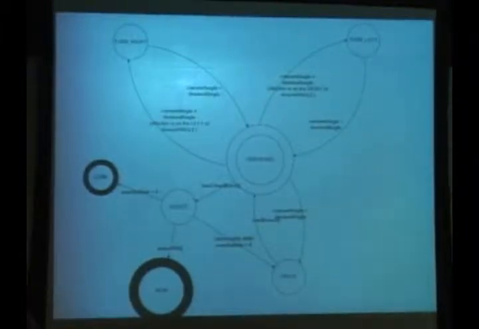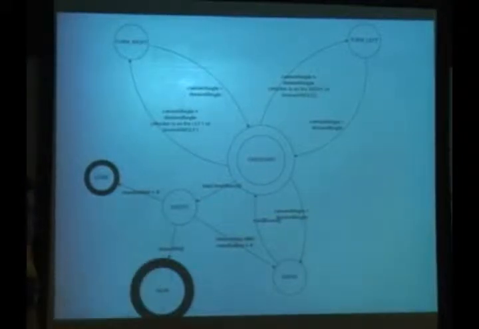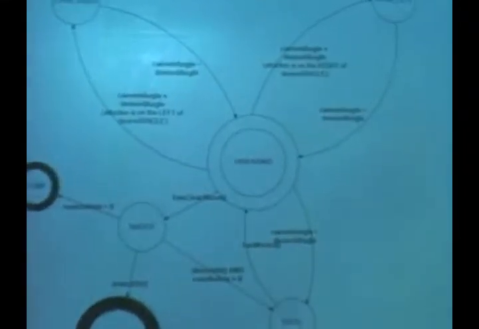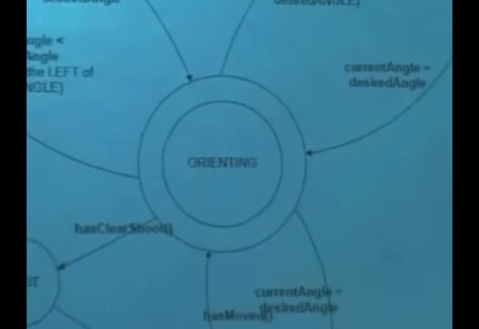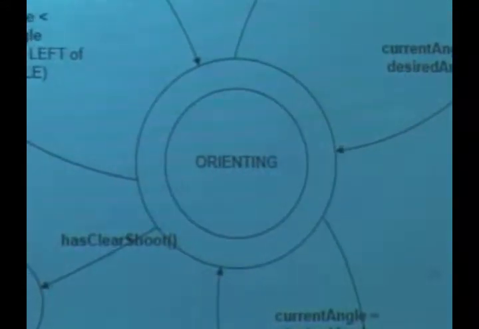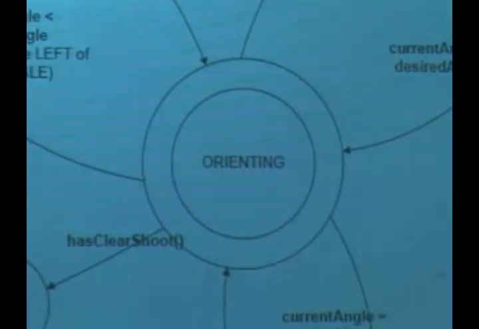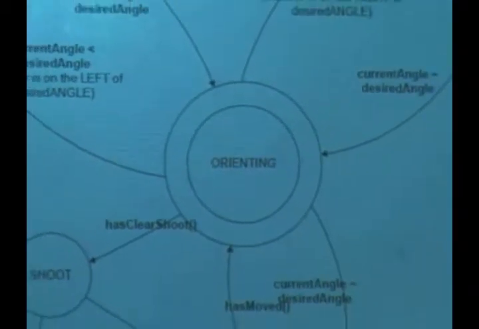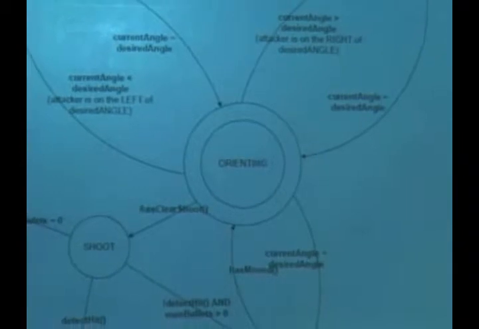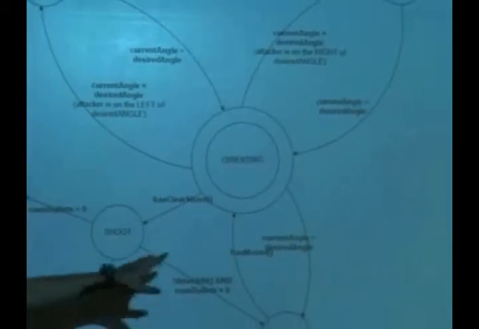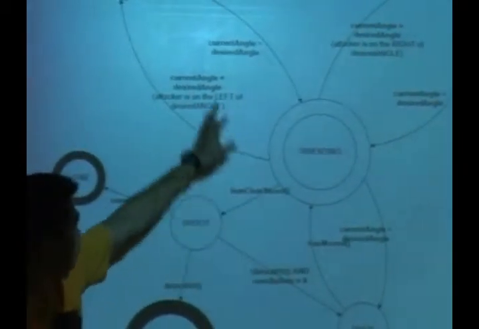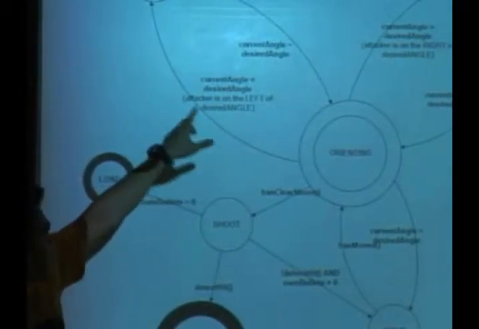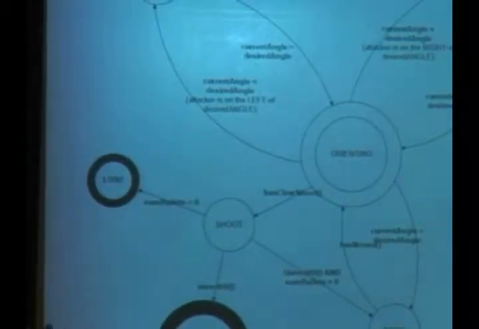Looking at the state machine we have here, we start off with the orienting state. The robot only moves in 4 directions: north, west, south, east. In the orienting state, it tries to orient to the desired angle to reach the victim. It compares the current angle to the desired angle to see whether it needs to turn left or turn right.